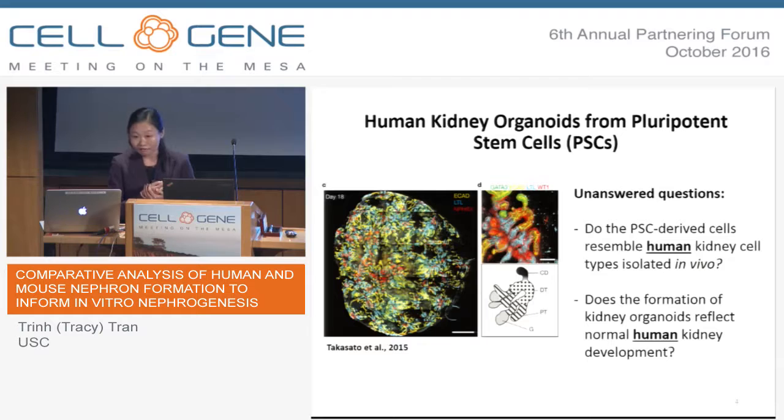Recently, a few protocols were published that aim to make kidney organoids from pluripotent stem cells, but a few questions arose from this work. First of all, are the cell types that are made in the organoid actually kidney cell types? And the second question is whether the formation of these kidney organoids actually reflects normal human kidney development.